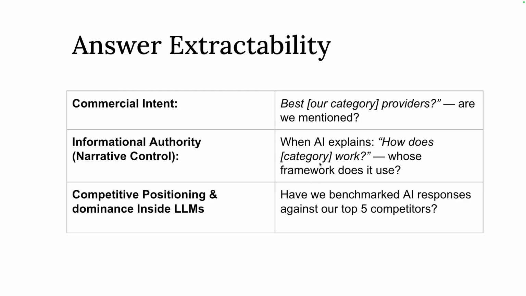If someone asks who are the best providers in this category, who is the cheapest, who is the best, who provides me the best value, what in that category are the most important questions that customers will be asking? Are we mentioned, and how can we write a question around this and give an answer?